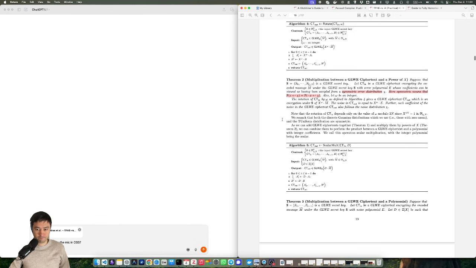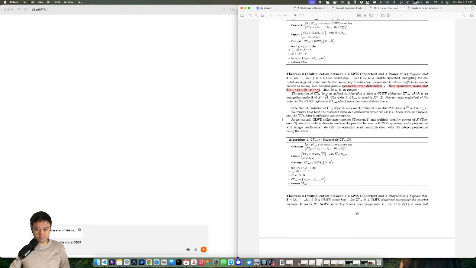Actually, I might be wrong. This might still be a vector. It's confusing. Yeah, I think this is still a vector of polynomial quotient ring elements.